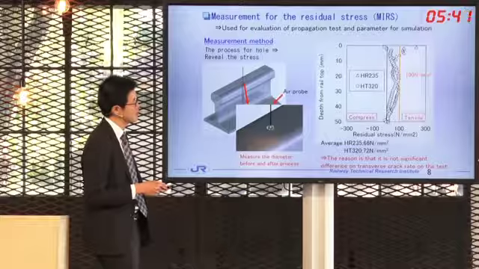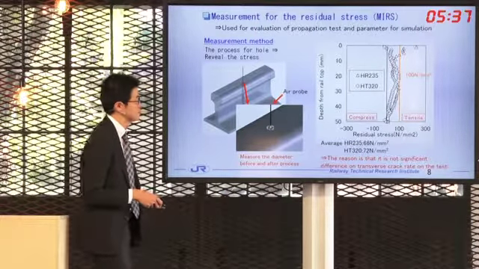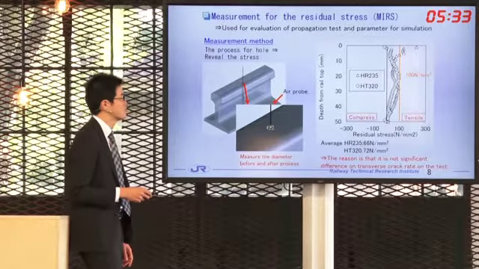The figure on the right shows the result of the measurement. The horizontal axis is the residual stress, and the vertical axis is the depth from the rail top.